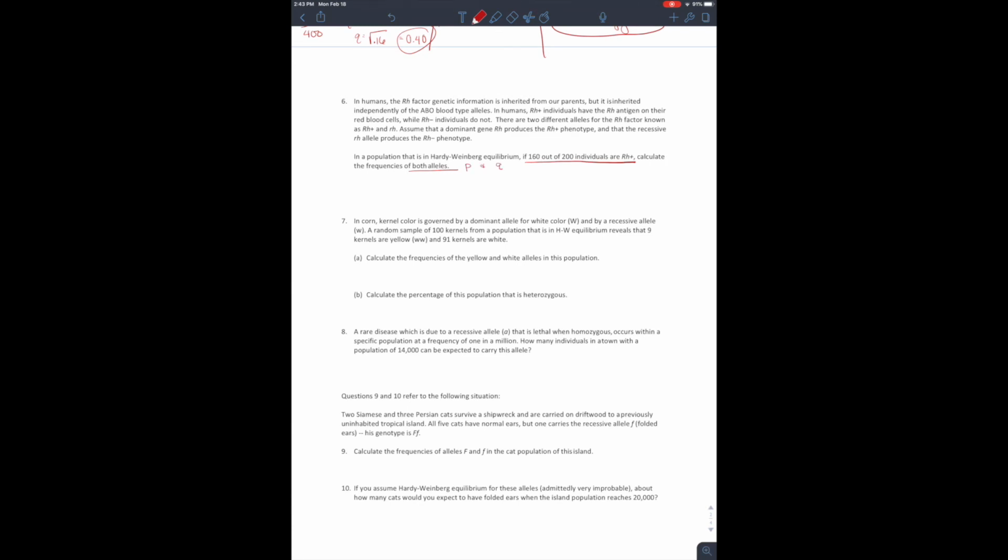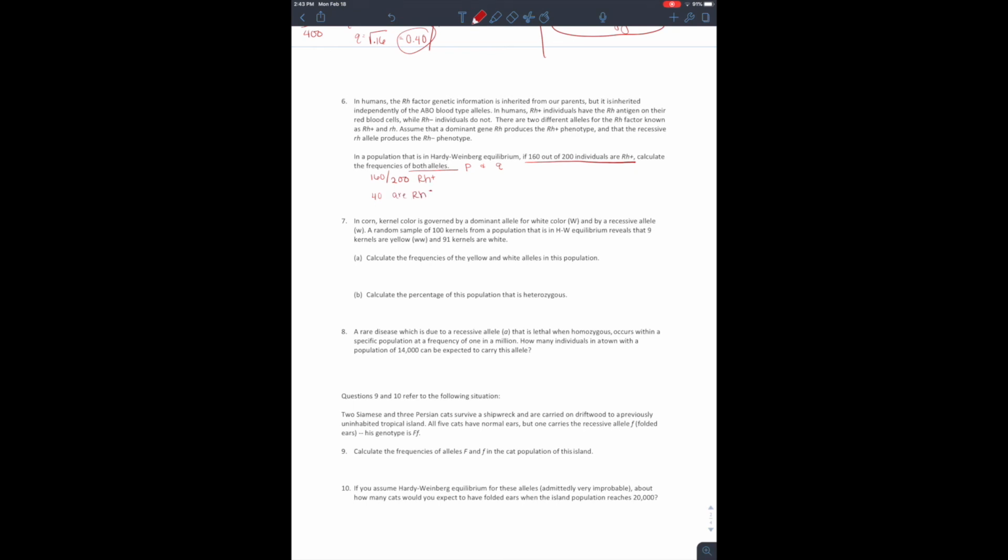So let's start with our homozygous recessive percentage, or our Q squared. So 160 of our 200 individuals are Rh plus. Oh, jumping the gun here. So that means that 40 are going to be Rh negative.